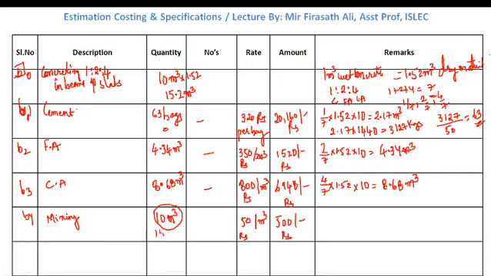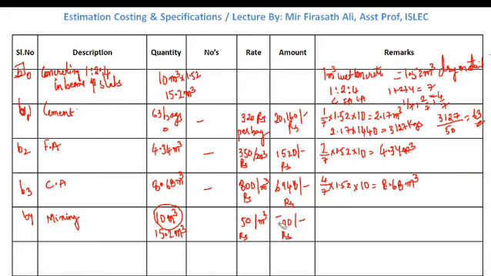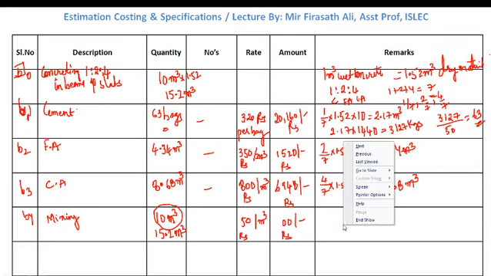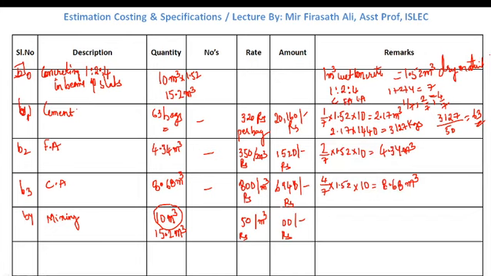So we need to include 15.2 meter cube. 15.2 into 50, the value will be 760 rupees.